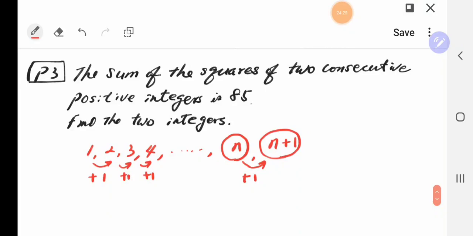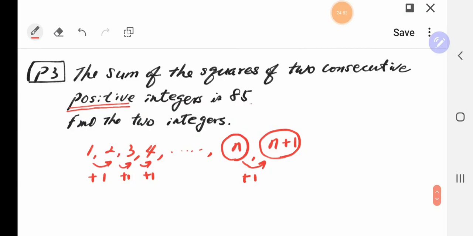So we are dealing with only positive numbers. Whenever you have a negative number, eliminate that negative number. So we must have positive numbers, and two consecutive integers means always 1 more than the previous number. So once we find n as, like, 6, then the next number will be 7, something like that.